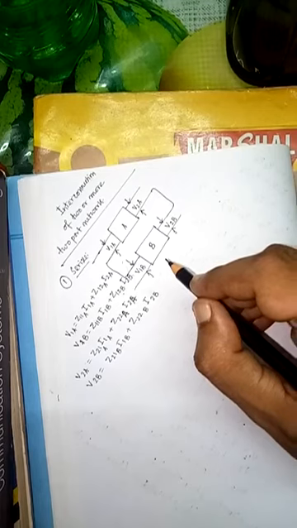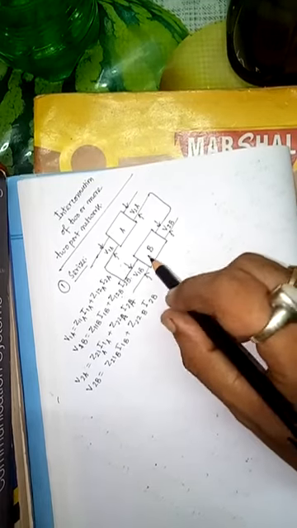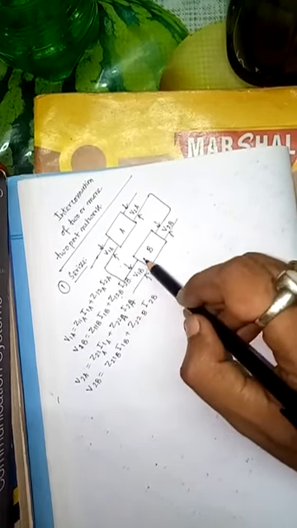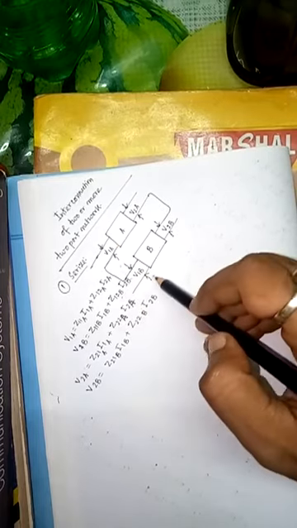Now as you can see, all of them are series combinations, so the same current is flowing.